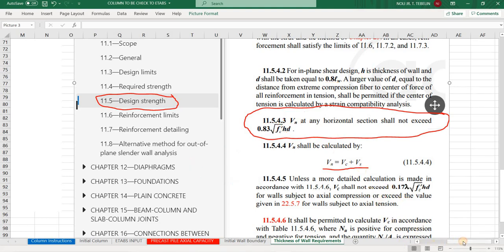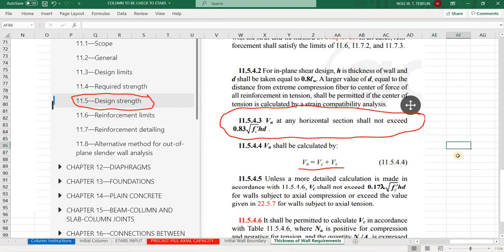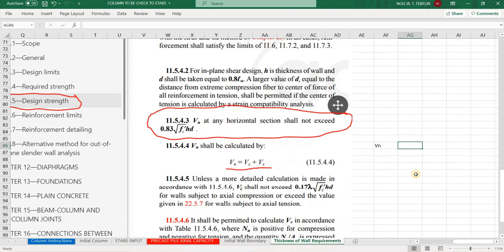Let's say our Vn equals 0.83 times square root of, let's say we have 7,000. So 7 times 6.9, it will give you megapascal, times 600 times 0.8 times 3 meter or 3,000.